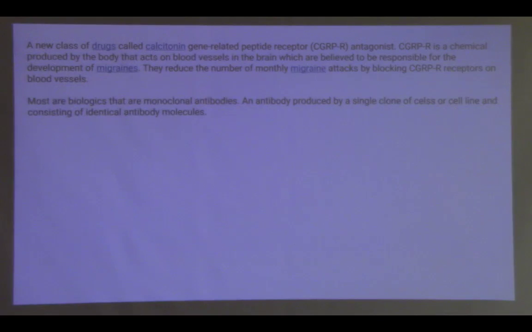Not to give false hope, but there's the true vision of reducing people's migraines and getting rid of this burden.